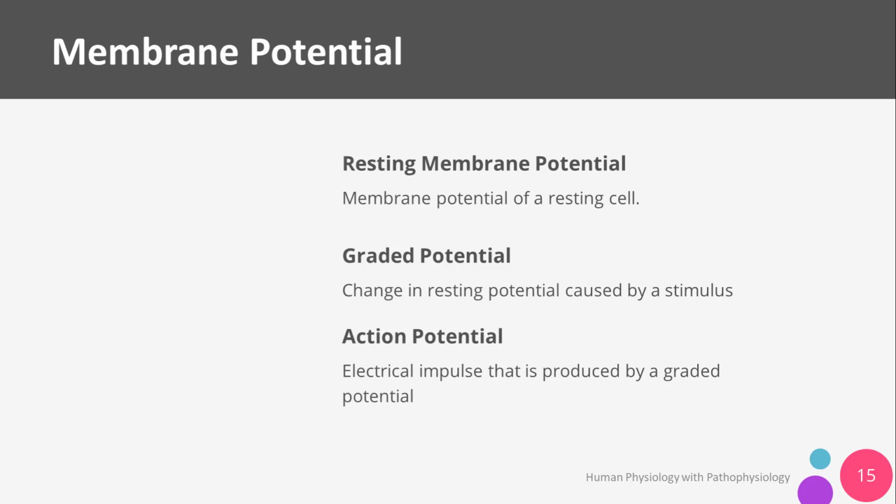And an action potential is an electrical impulse that is produced by a graded potential, and it will propagate, or travel, along the surface of an axon, and it will cause the synaptic terminal to release a chemical called the neurotransmitter.